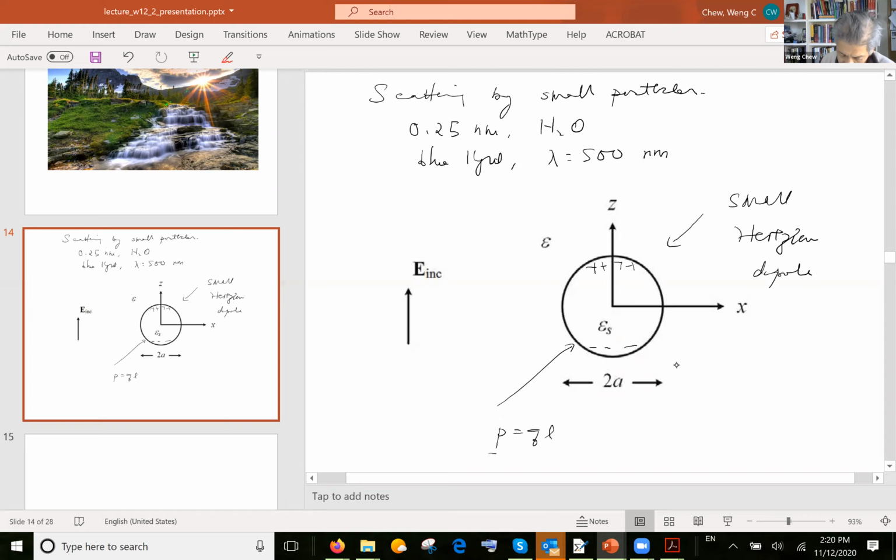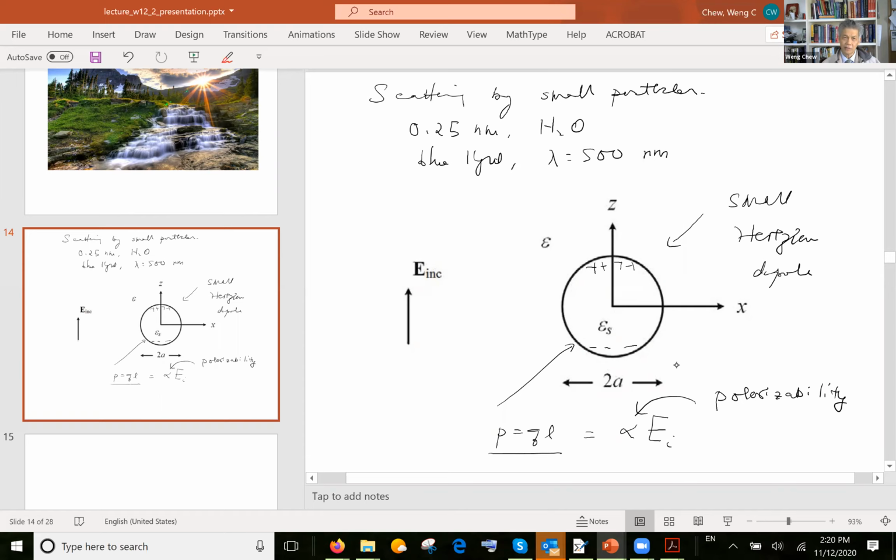And the dipole moment is given by this. And you can show that P is linearly proportional to the incident field. Okay. And this is called the polarizability. So essentially, in order to understand Rayleigh scattering, the first thing that you need to find is the polarizability of this small particle by the light impinging on it.